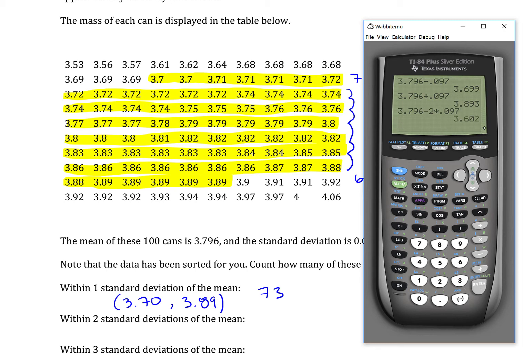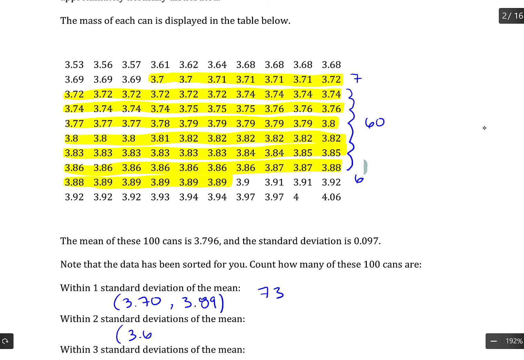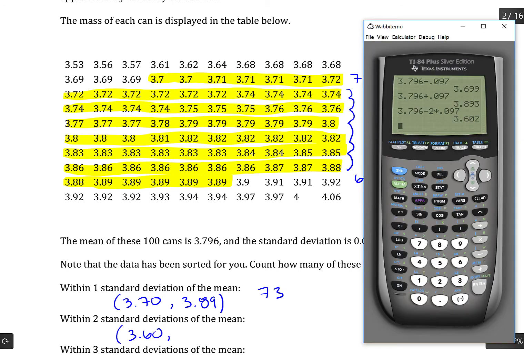Either way, 3.602 is my lower bound this time, and 3.60 is what I'll round to, to make it 2 decimals. And then 3.796 plus 2 times 0.097 is 3.99.